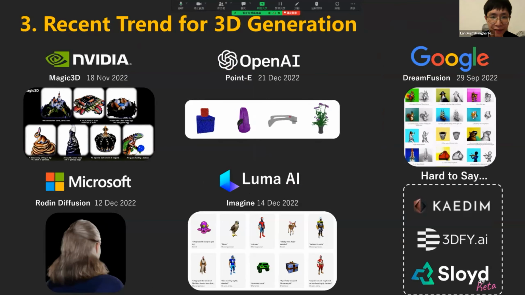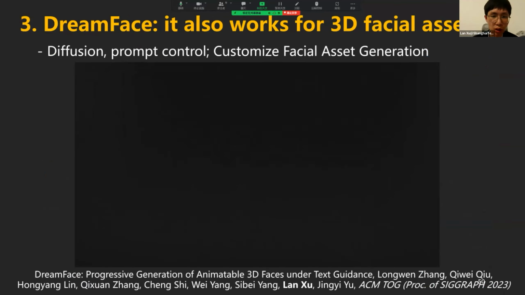Yeah, and I think it also works for 3D facial assets because we have already collected different facial scans and facial assets. And we also have 2D diffusion models to provide vivid 2D image generation.